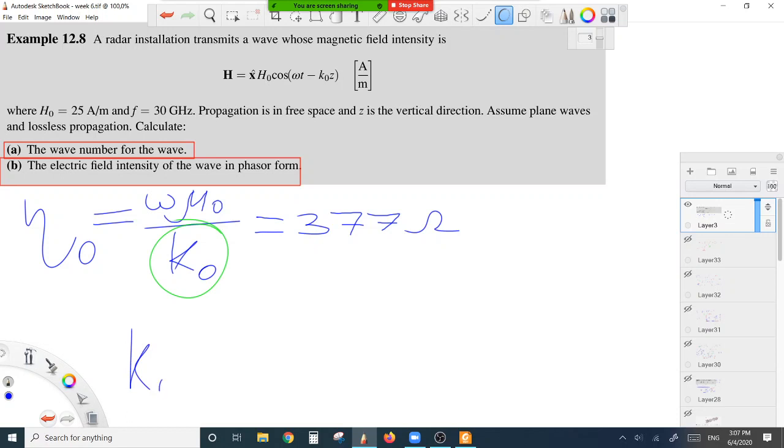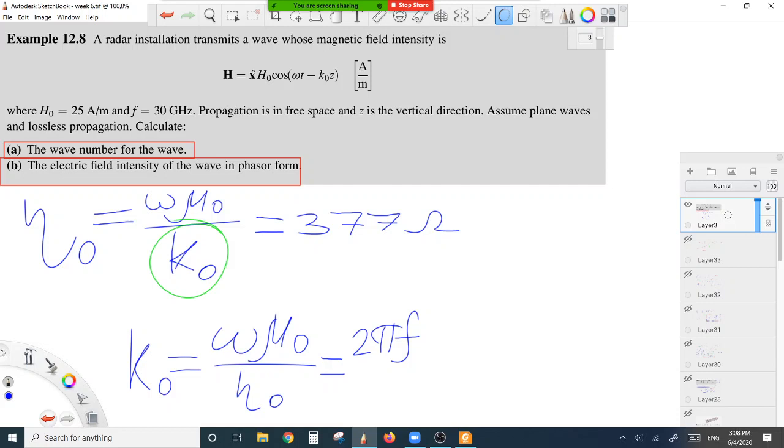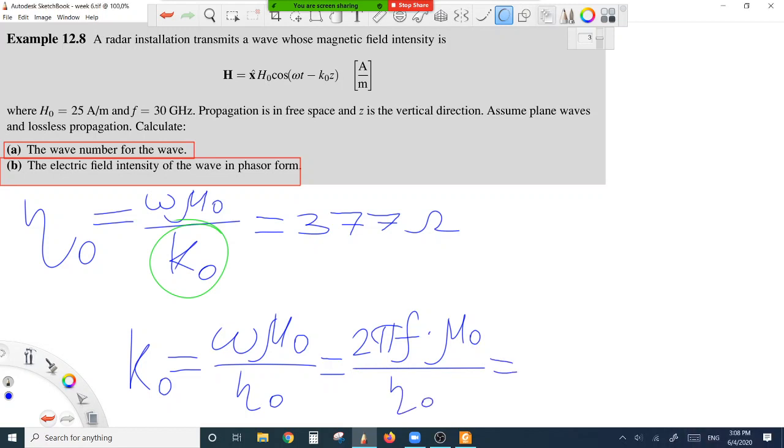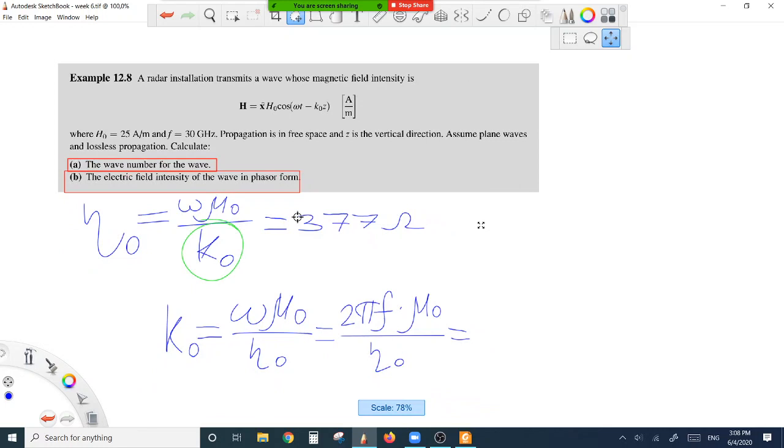From here let's find K0. K0, the wave number, will be equal to omega multiplied by mu 0 over eta 0, and omega is 2 pi f, multiplied by mu 0 over eta 0. Okay, let's put the numeric values.